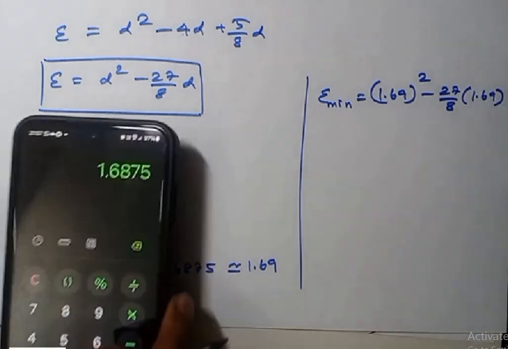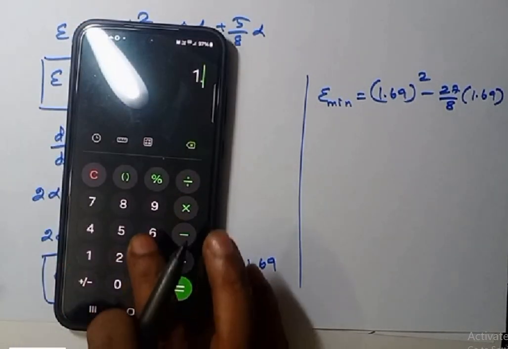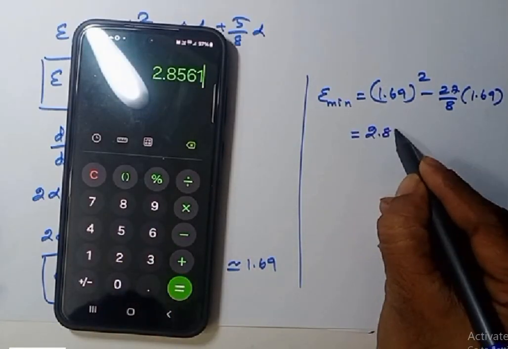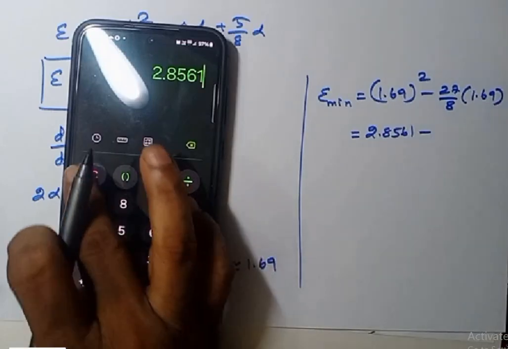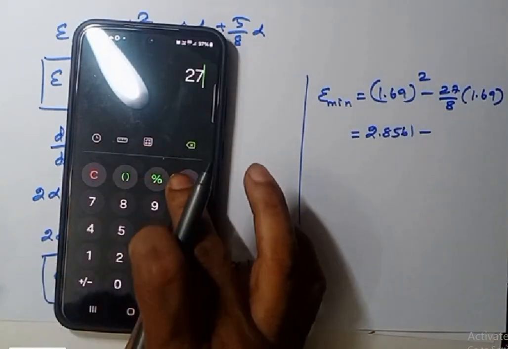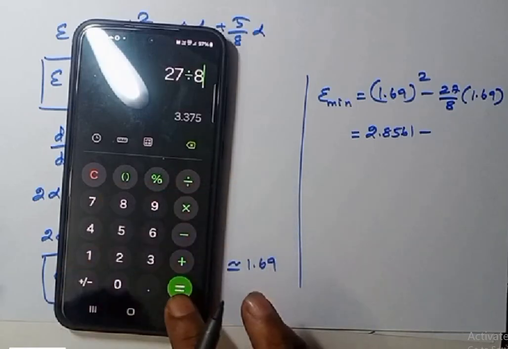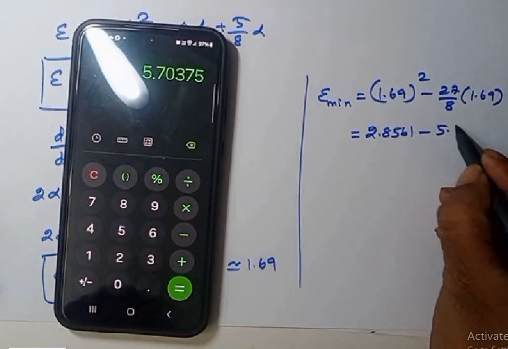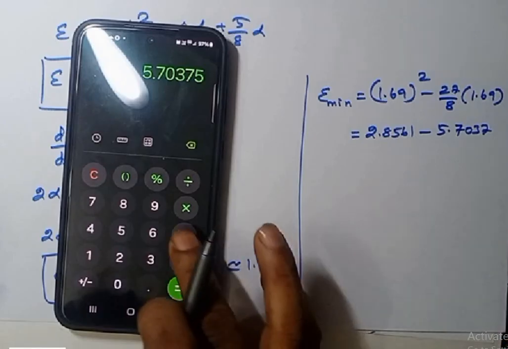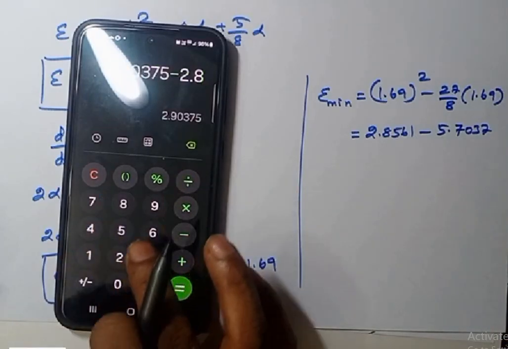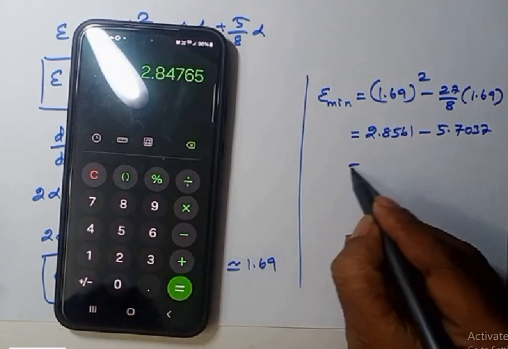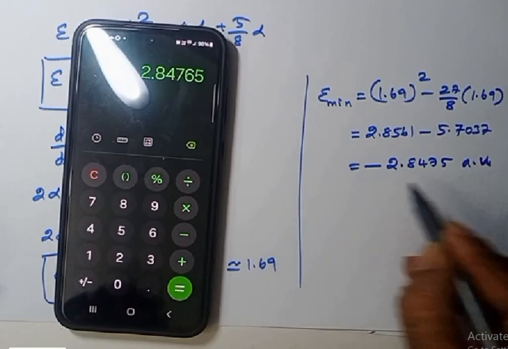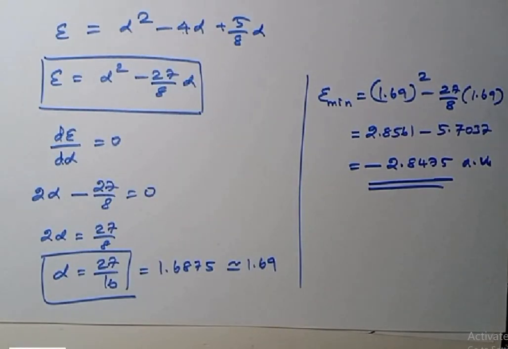You will get the value in atomic units. 1.69 into 1.69 comes out as 2.8561, minus 27 by 8 into 1.69, which comes out as 5.7037. 2.8561 minus 5.7037 gives me minus 2.8475 atomic units.